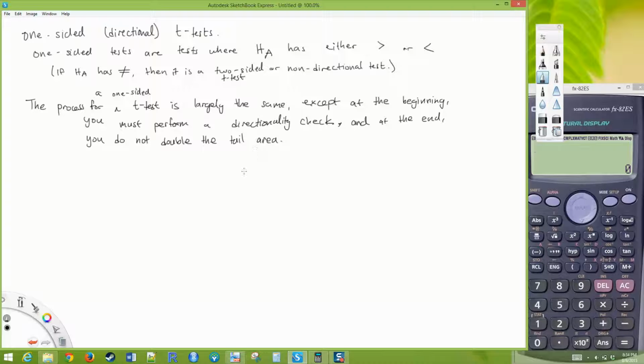So let's get into this. Okay, so what we are saying is that let's say we want to know if a drug reduces blood pressure, right? Does a drug help reduce high blood pressure?